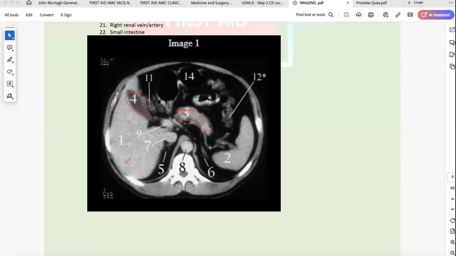So always compare, because comparison will really help you in the exam. So this is spleen. We can't see the kidney here because it's a little bit down. You can see the abdominal aorta. And then these are a little bit of intestine you can see. Okay, so that's mainly the important ones that you need to know.